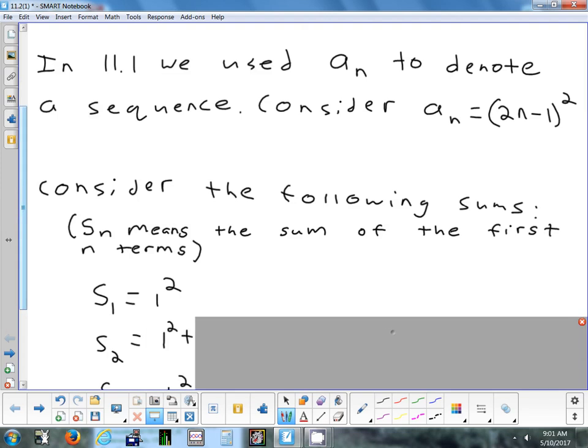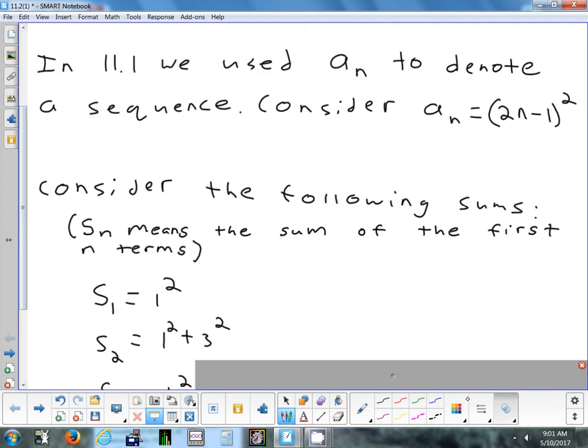Let's look at the second term. 2 times 2, minus 1, and then 3 squared would be 9. Or we could just leave it as 3 squared for now. So S sub 2 would come out to 10. So S sub 1 is 1, S sub 2 is 10. S sub 2 is the sum of the first 2 terms in that sequence.